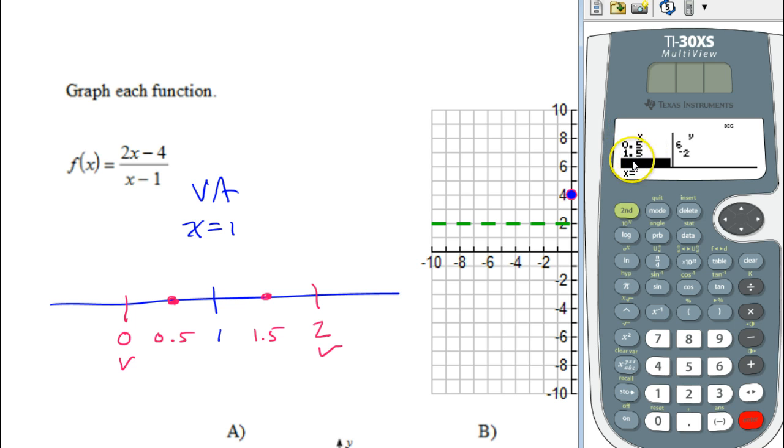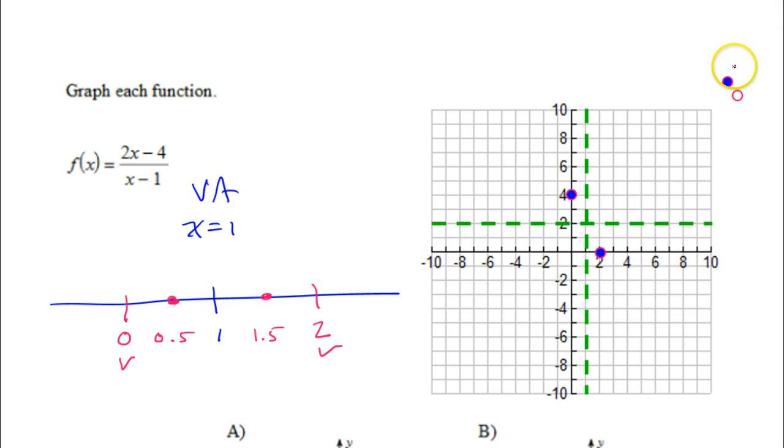Okay, so 0.5 and 1.5. I have 6 and negative 2. Okay, so these are the 4 points that I have to deal with. And that's enough to show us what the graph is going to look like.